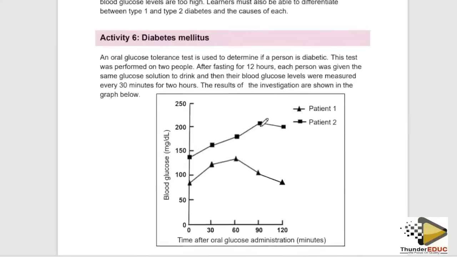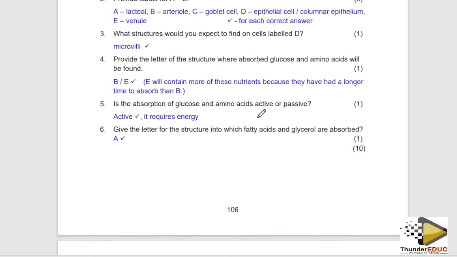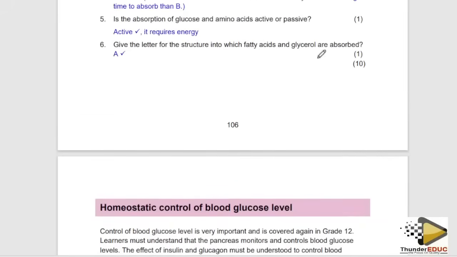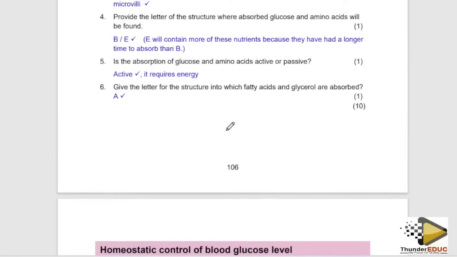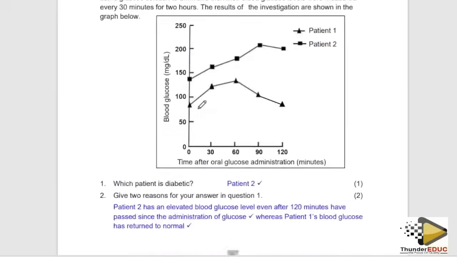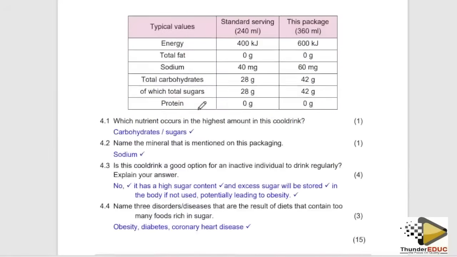Yes. So even this one is also related to the adaptation. So is absorption of glucose or amino acid active transport or passive? It is active. Why? Because it requires energy. So you see that mitochondria is needed.